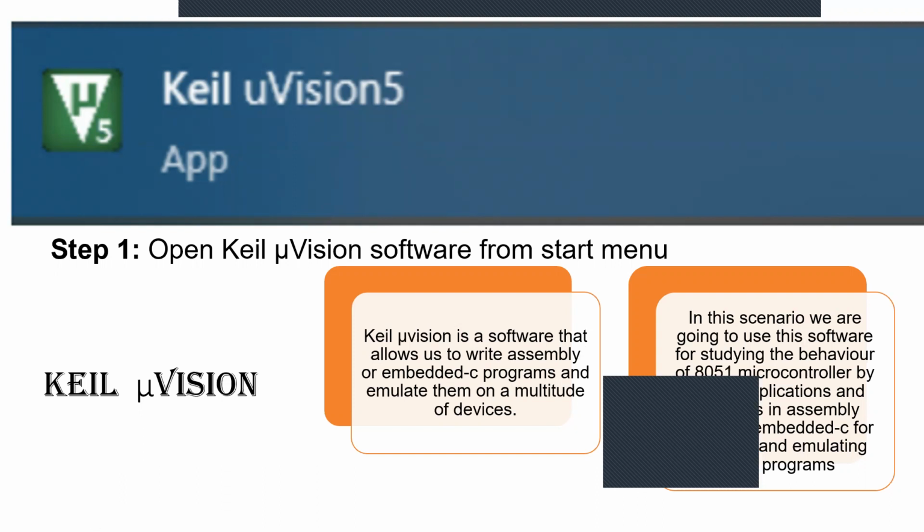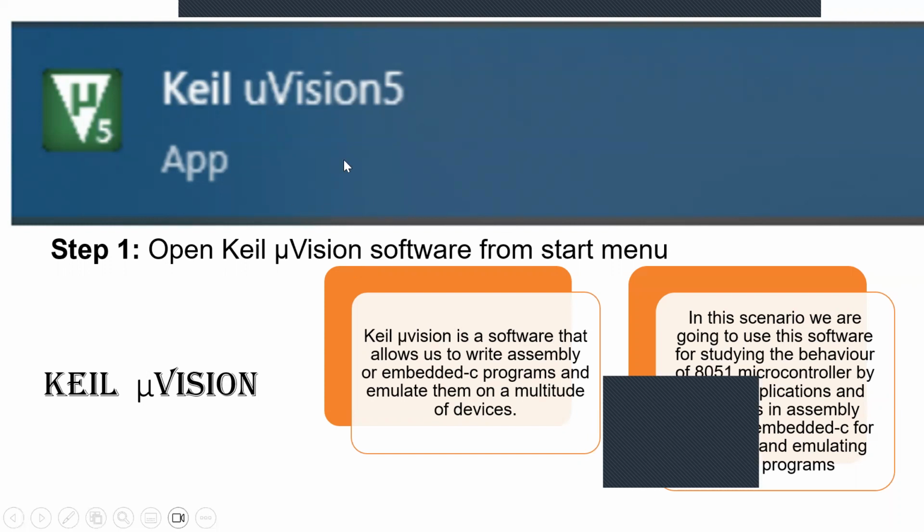Once the programs are fed according to the requirement, you can decode it, build the target and get the output. In this scenario, we are going to see how the 8051 microcontroller is fed programs and how the data is decoded.